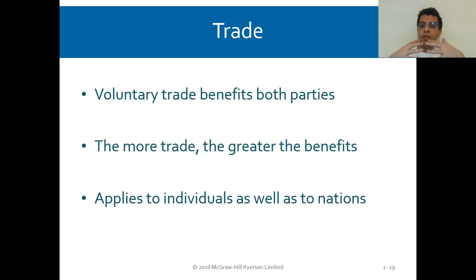So if the trade happens, both of us are good at certain things, so we can trade because each of us can produce certain stuff. This is applicable on a micro level and on a macro level. A voluntary trade benefits both parties. The more trade, the greater the benefit, and it applies to individuals as well as nations.